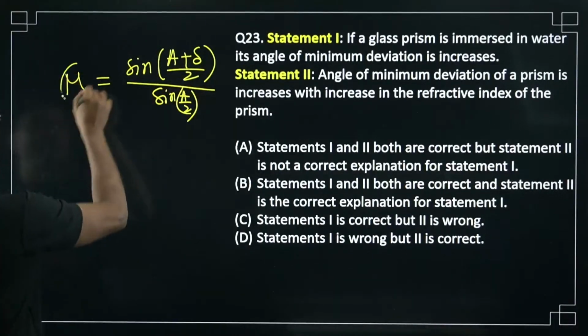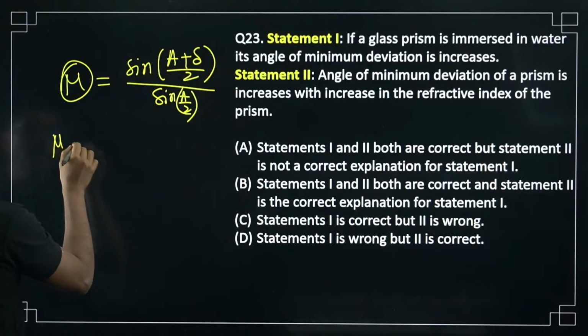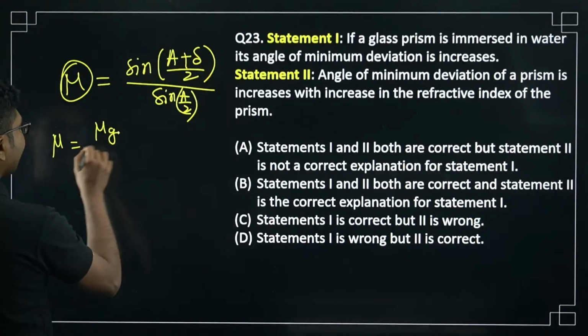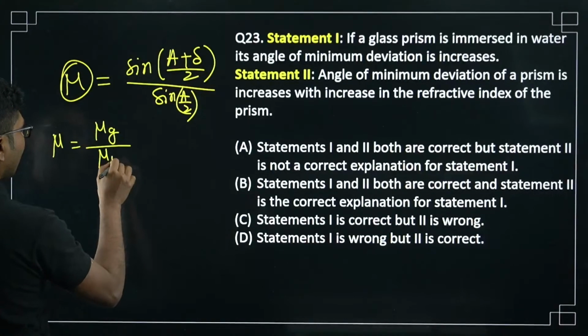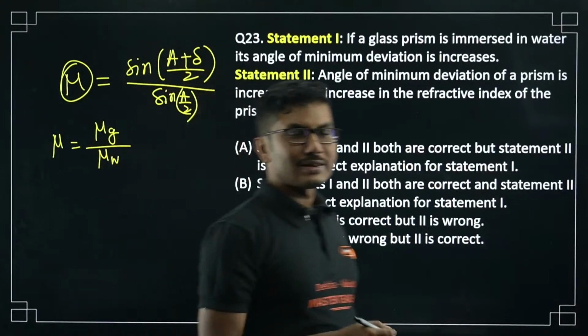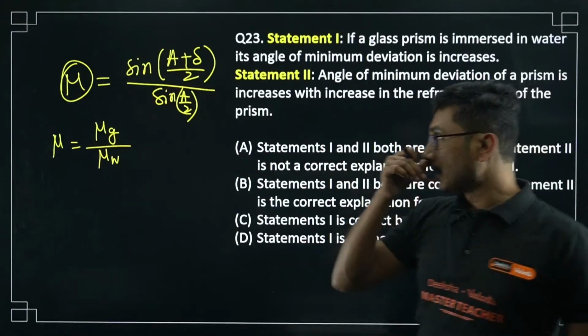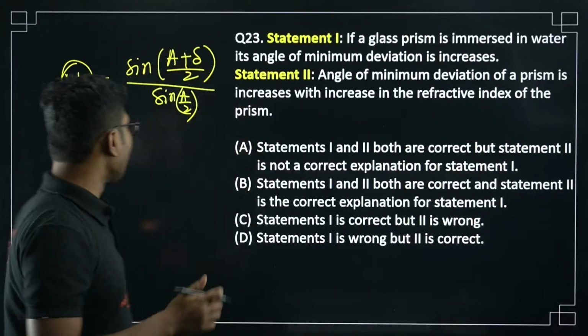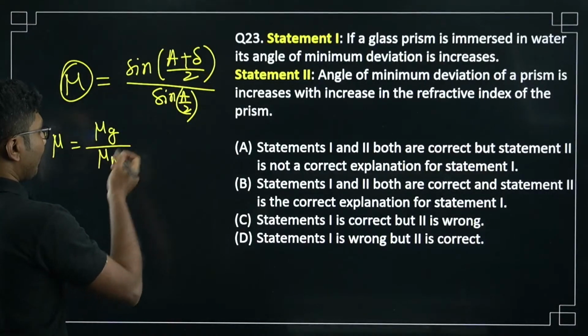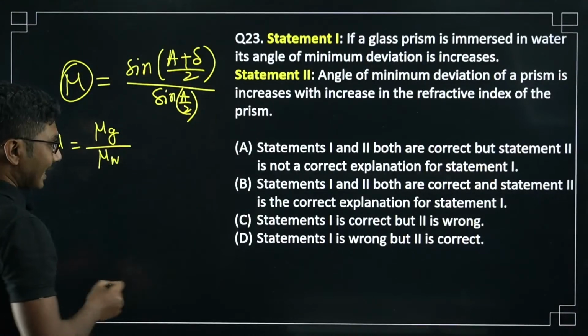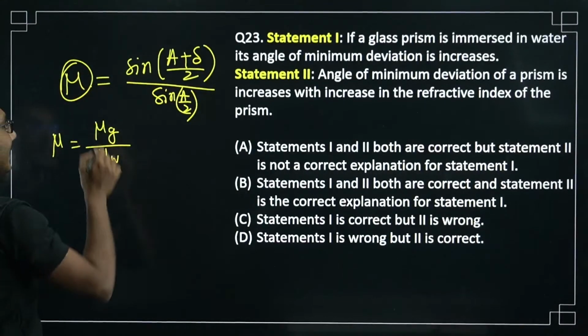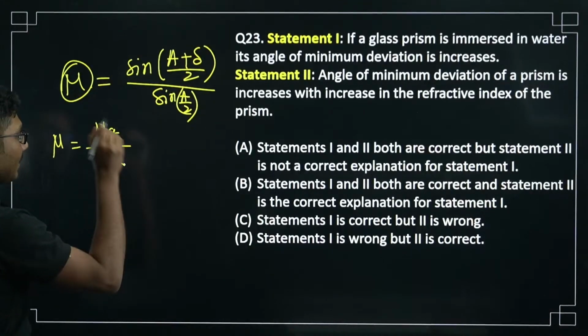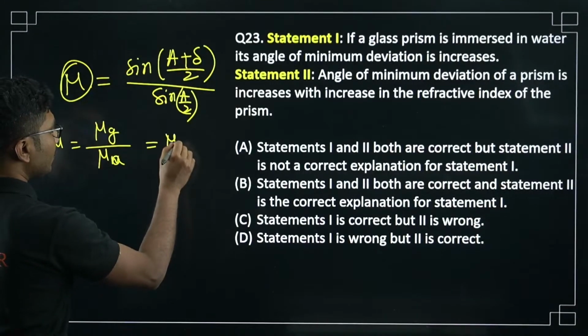Now you have to remember this mu is basically mu of the glass divided by mu of water. Now in the first case, when it was in air, mu was equal to mu g.